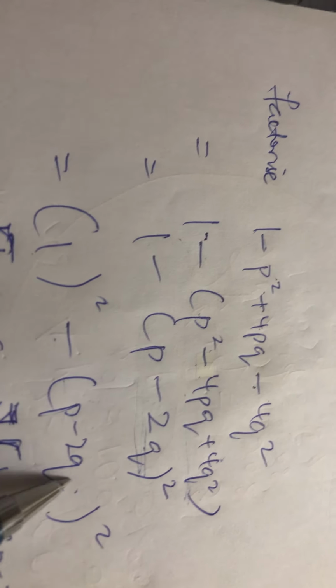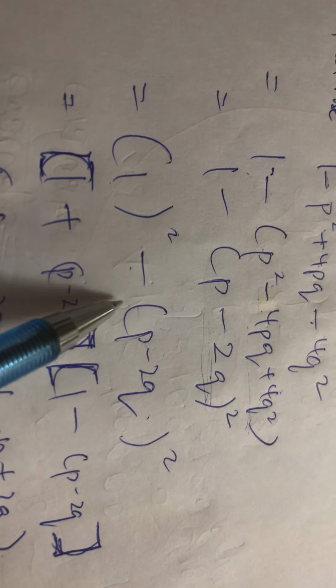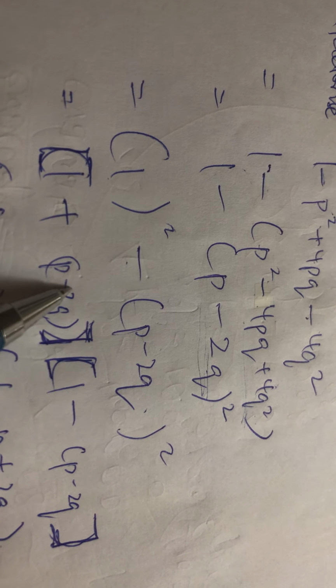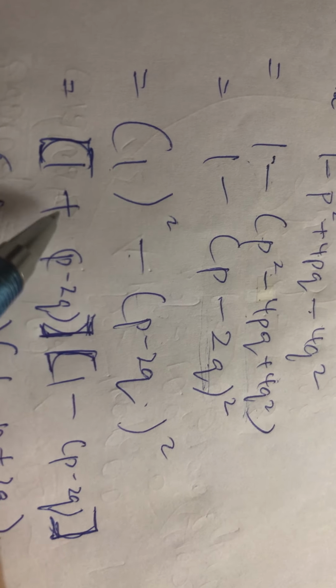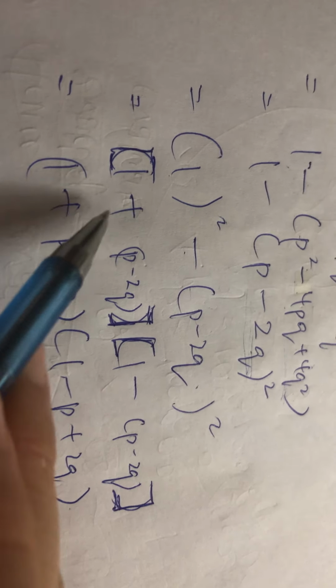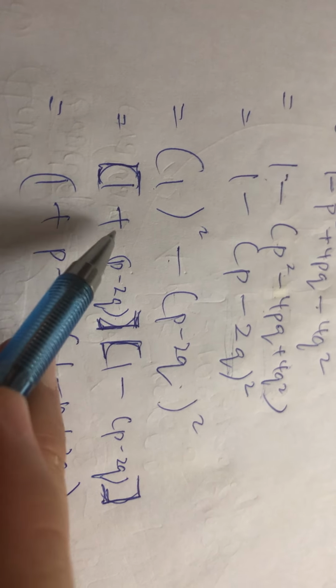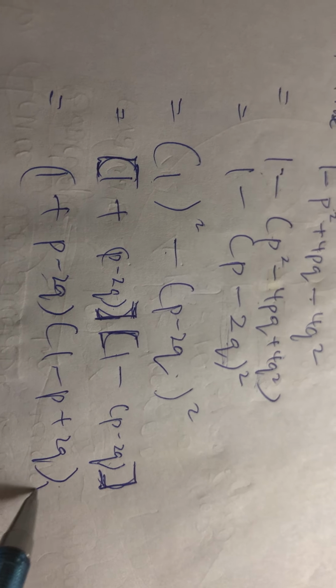Okay, now how do I continue from here on? This one is just 1 here, then p minus 2q, put bracket, it's just p minus 2q here, p minus 2q here. One of them is a plus, one of them is a minus. Don't leave your answer like that, because you need to simplify. Open up this bracket inside, open up this bracket inside, and this is the final answer.